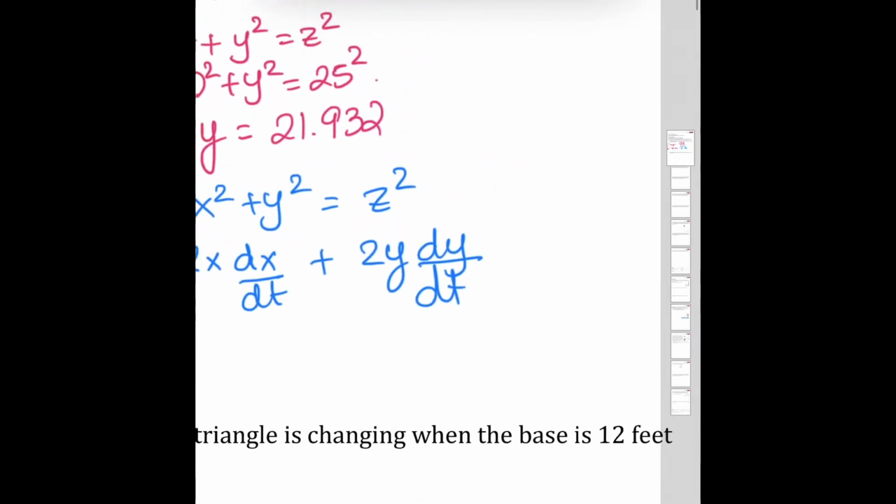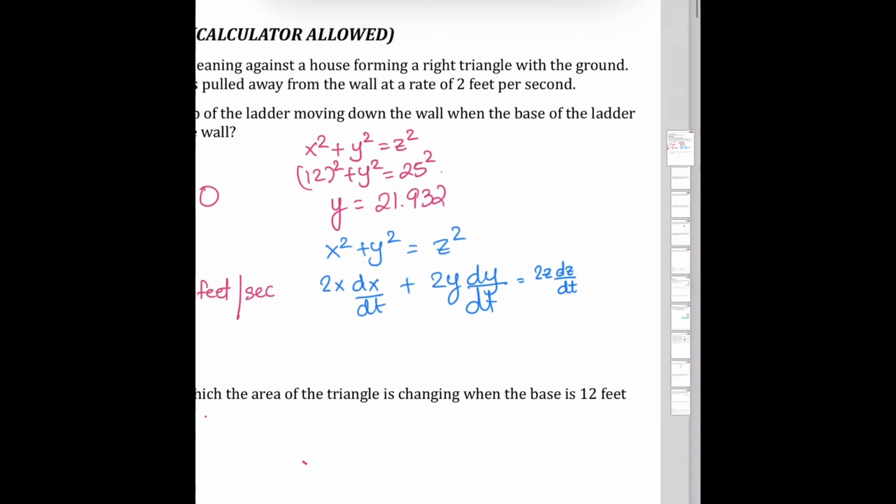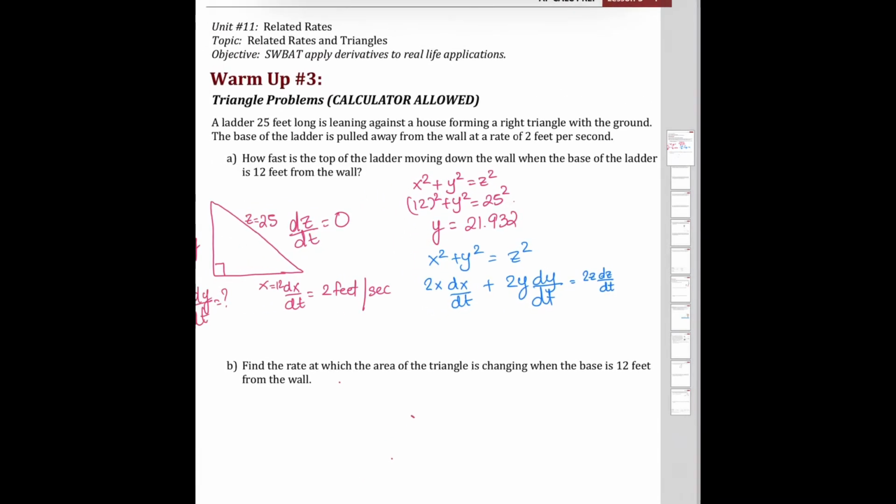I'm going to zoom in so I have more room here. I'm going to just substitute everything into the equation. You can either choose to solve for dy dt, but I just like to substitute in.